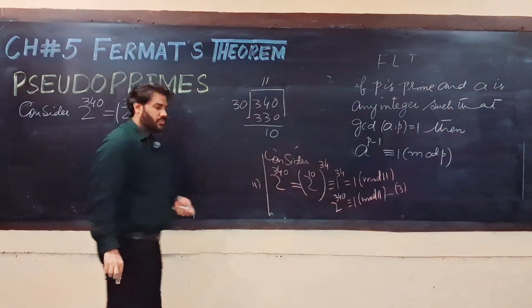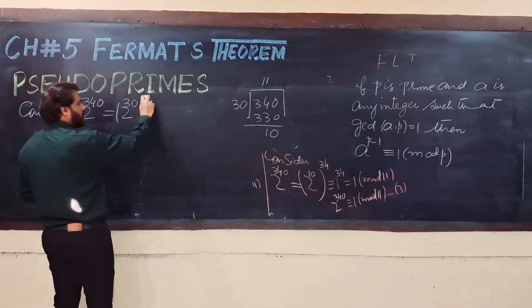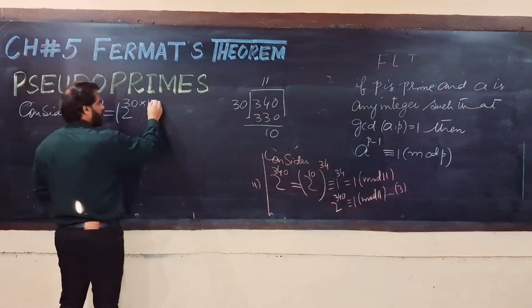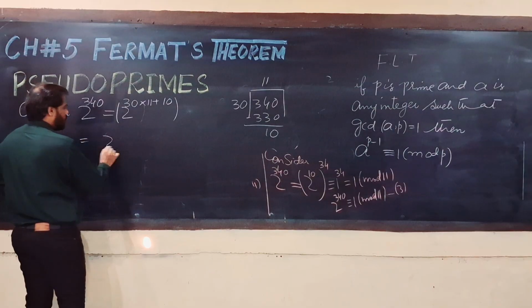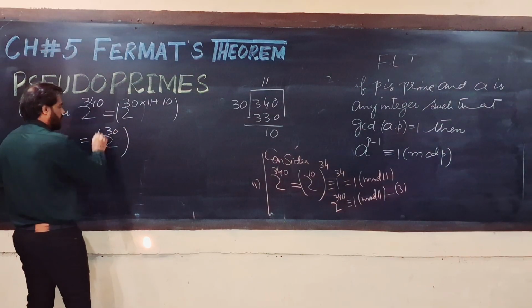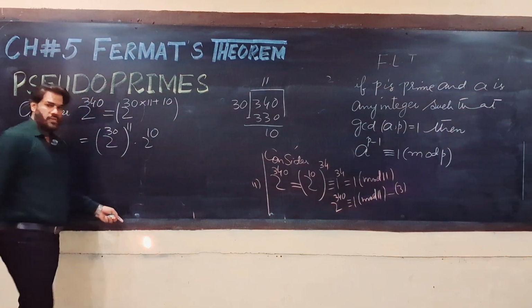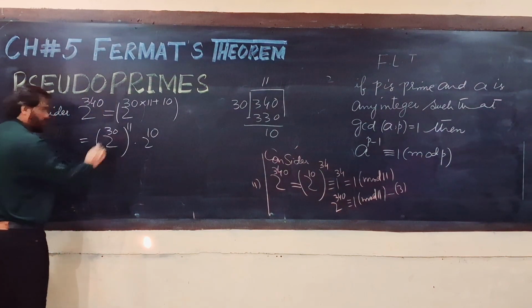So we can write 2 raised to power 340, by the Euclidean algorithm, as 30 into 11 plus 10. Further you can write it as 2 raised to power 30, whole power 11, into 2 raised to power 10. Now using congruence 1, 2 raised to power 30 is congruent to 1.